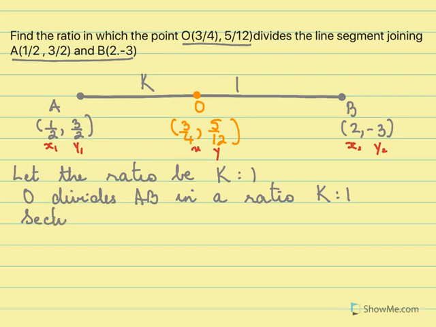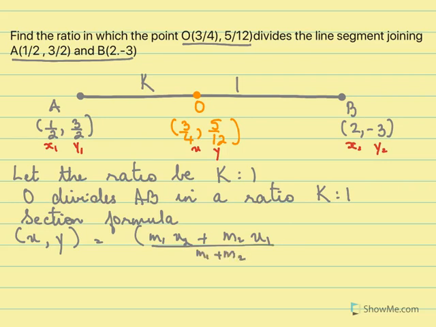Therefore, by the section formula, we have (x, y) equal to ((m1 x2 + m2 x1) over (m1 + m2), (m1 y2 + m2 y1) over (m1 + m2)).